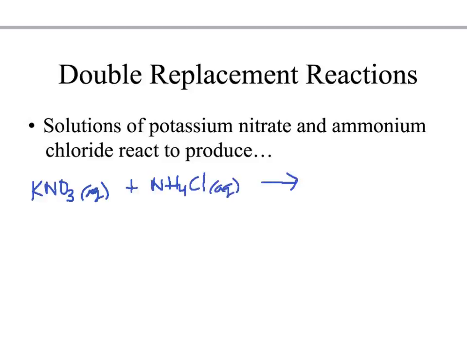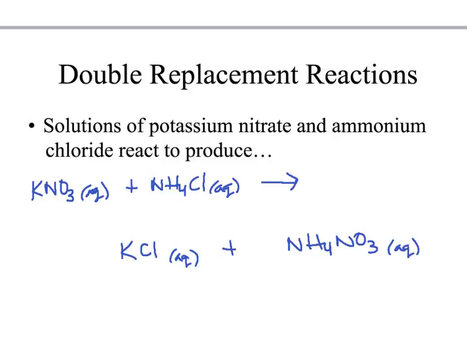And it produces, okay, let's predict my products. So potassium's new partner is chloride, and ammonium's new partner is nitrate. Now when you look at your solubility rules, you would see that this makes an aqueous solution, and this makes an aqueous solution.